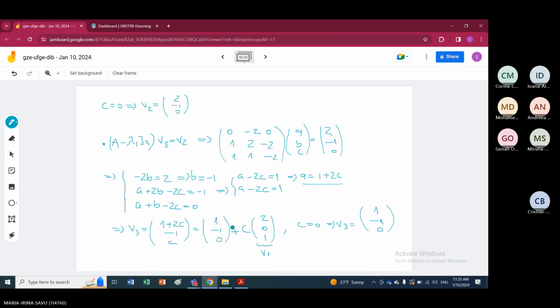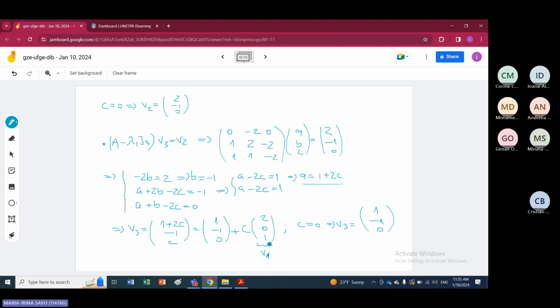Yes, but I was wondering, don't we need to have c times V2, not V1? No, because V1 is your eigenvector. Oh, so we need the primary eigenvector that we got from the eigenvalues. I understand now. Yes, V1 is the only eigenvector, so all the principal vectors will depend on this V1.